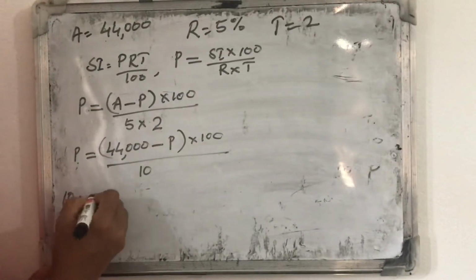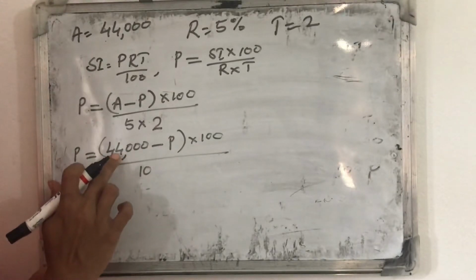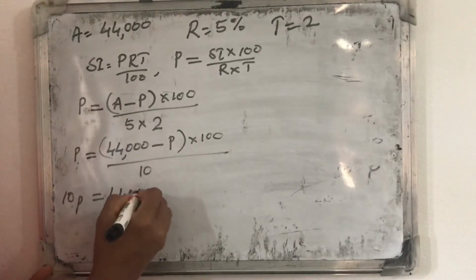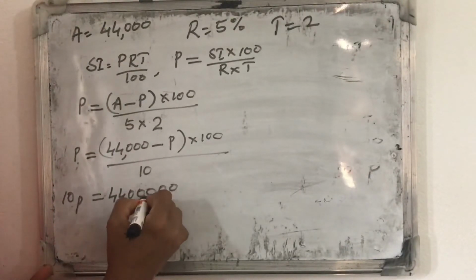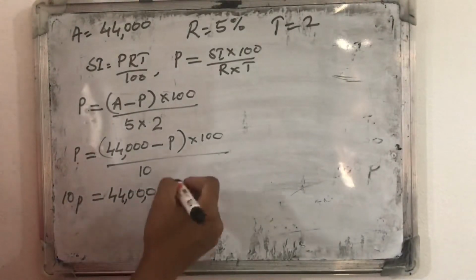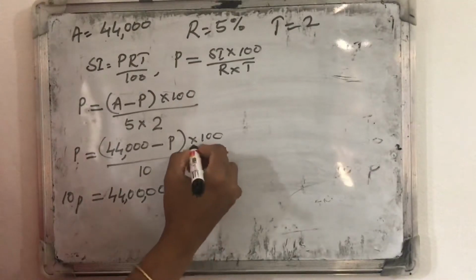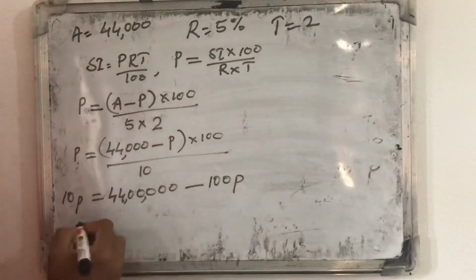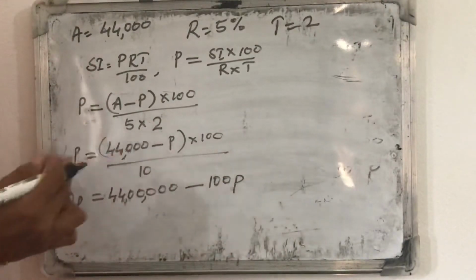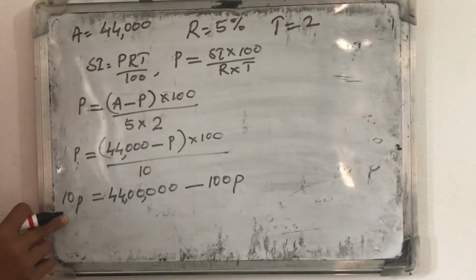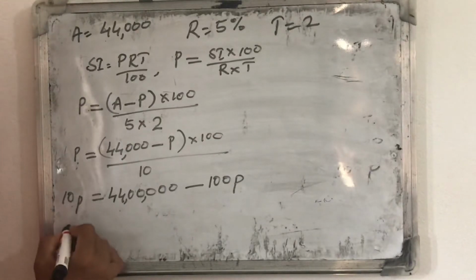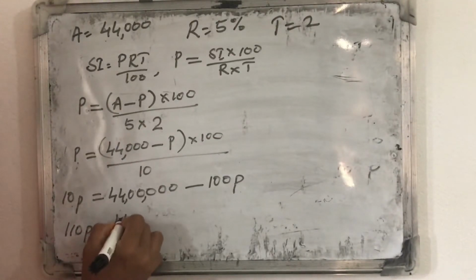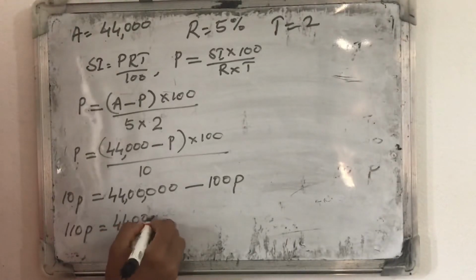Now we are transposing this 10 to here. 10P equal, okay, then multiply this 44,000 with this 100, then 44,000 and 2 more zeros. 44 lakhs minus P into 100, that is 100P. So this minus 100P, we add with this 10P we will get 110P equal 44 lakhs.